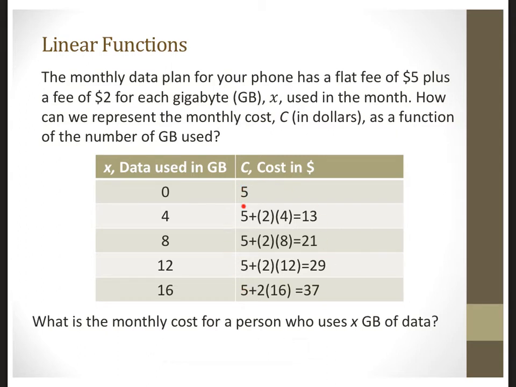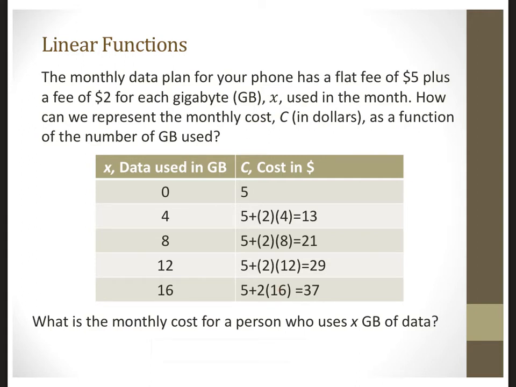If we look at the calculations above, we can see one thing that all of these calculations have in common is we take 5 and then we're going to add to it 2 times whatever the number of gigabytes that we use. So I can replace these concrete numbers with a variable x representing how many gigabytes we use.